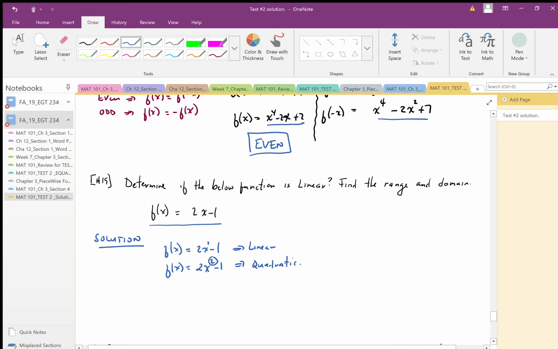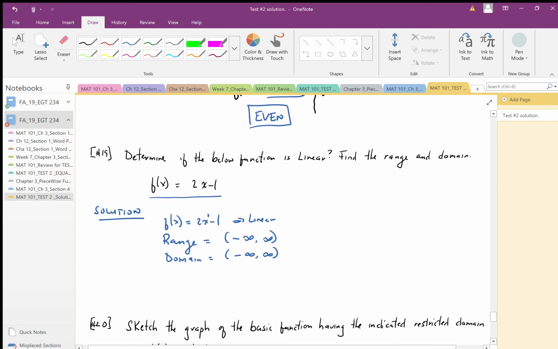Okay. Now, the range and the domain, since we're not given any kind of limits on this, the range equals negative infinity to infinity, and our domain equals negative infinity, comma, infinity. Okay.